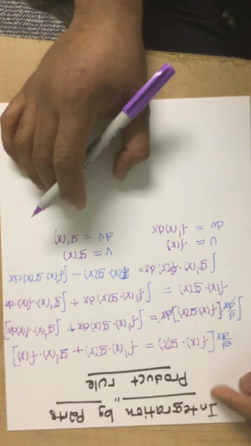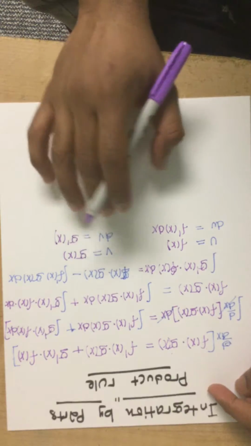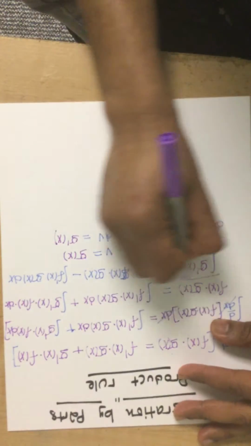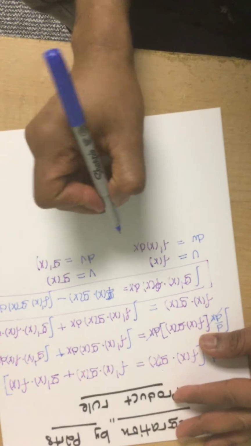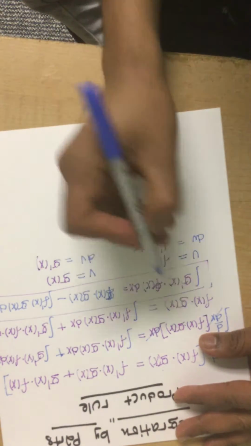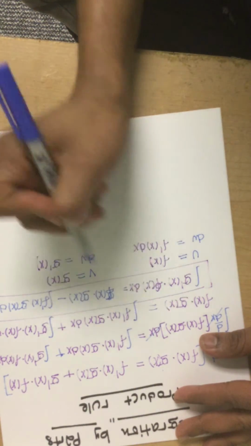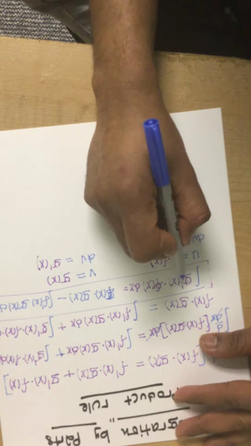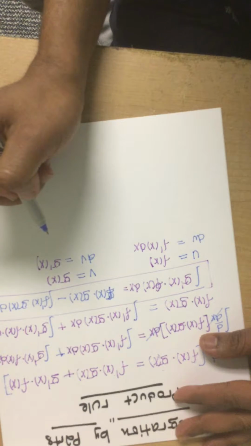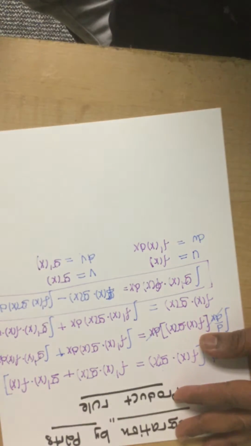Now we can substitute into the formula we just derived. So instead of f of x, I can use u. At the same time, for g prime of x dx, I can use dv.